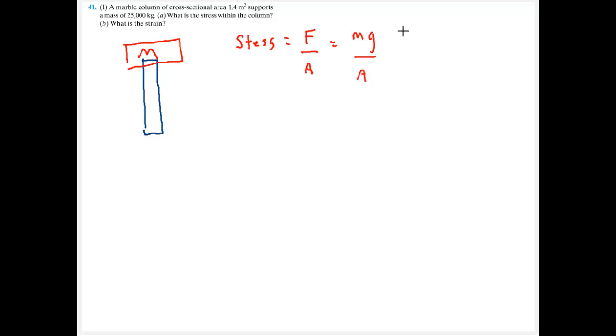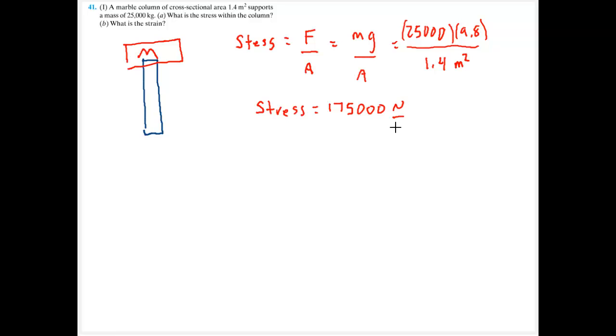Divide that guy by area, so 25,000 kilograms multiplied by 9.8 meters per second squared. Cross-sectional area of that guy is going to be 1.4 square meters, and turns out that my stress is going to be 175,000 newtons per square meter.